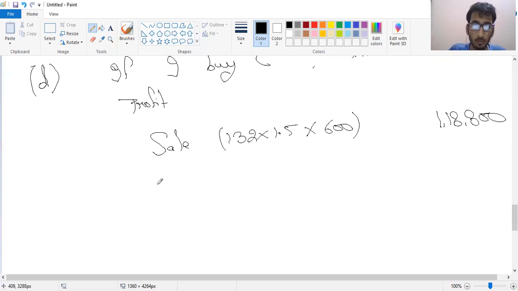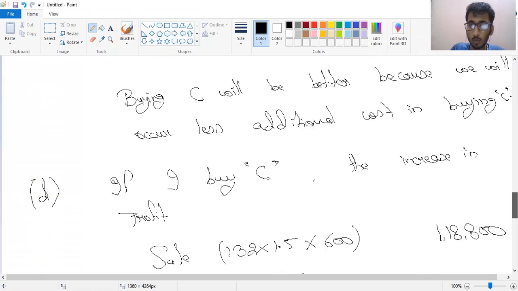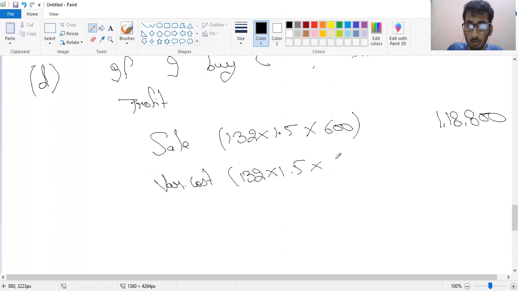okay. Now variable cost, what would be my variable cost? It would be 132 multiplied by 1.5 multiplied by how much my variable cost was earlier? It was 200. Now see, there's a point.